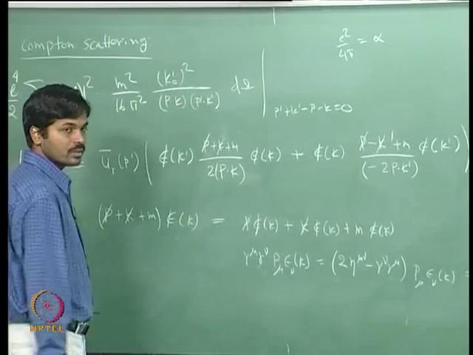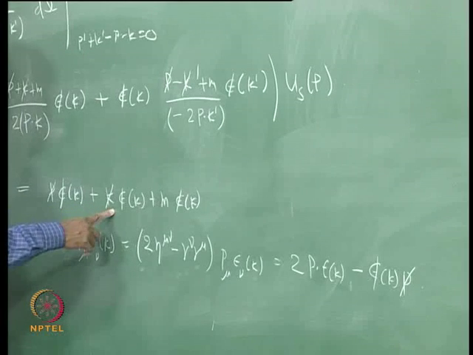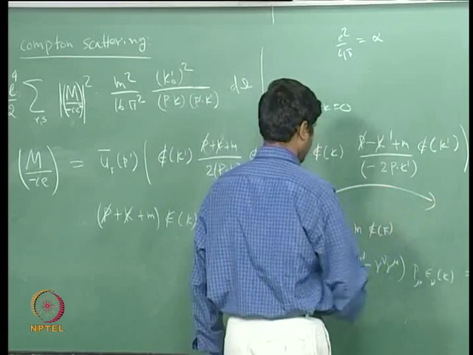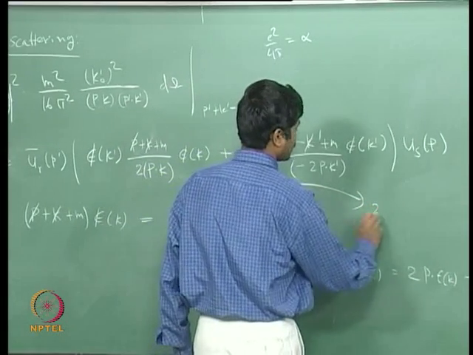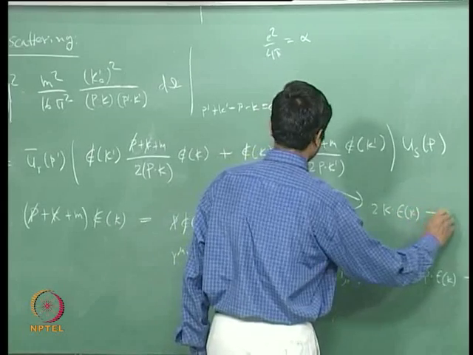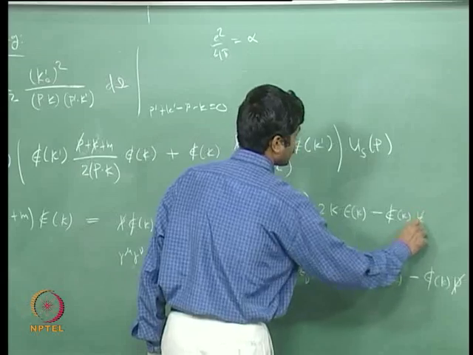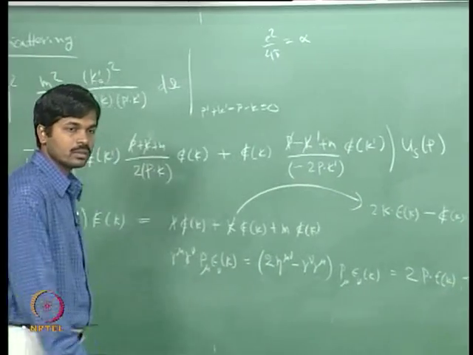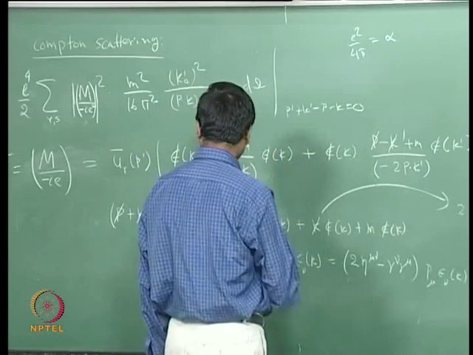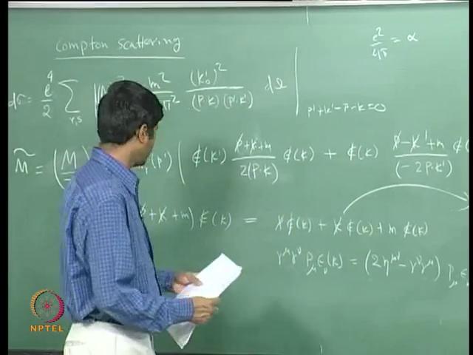Similarly, if I evaluate the second term, I will get twice k dot epsilon of k minus epsilon slash k slash. Let us put these things together.